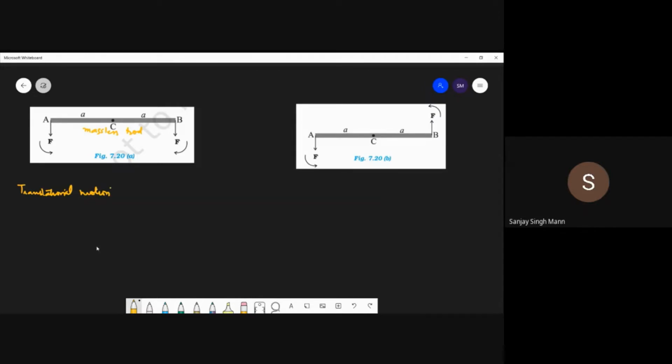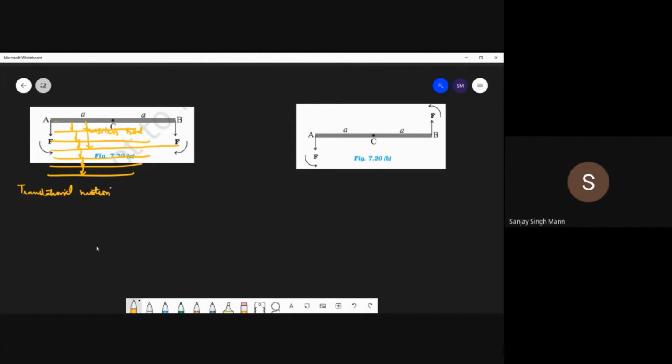Translation means all the particles of this rod will move with constant velocity in a certain direction. So yes, this rod will come down, because both the forces are downward. So of course this rod will be moving in the downward direction.